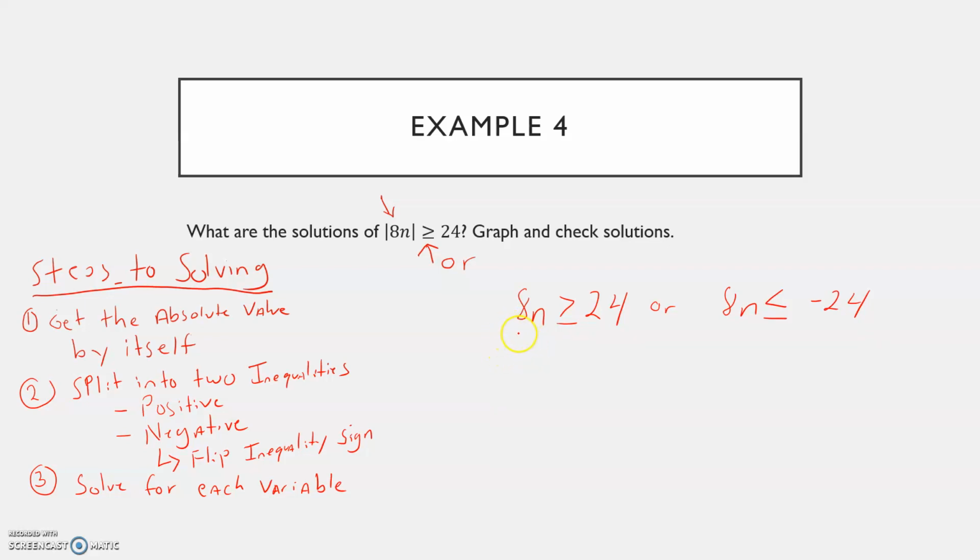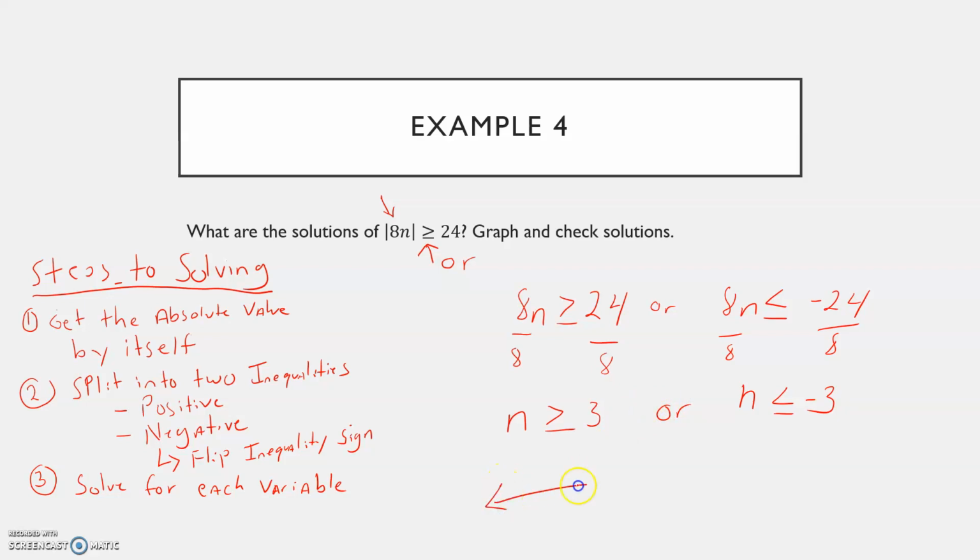And so in this first one, to get rid of our 8, we divide by 8. And what we do to one side, we do to the other. And so we're left with n is greater than or equal to 3. In our other one over here, we divide by 8. And we get n is less than or equal to negative 3. So there's our two solutions. n is greater than or equal to 3. n is less than or equal to negative 3.